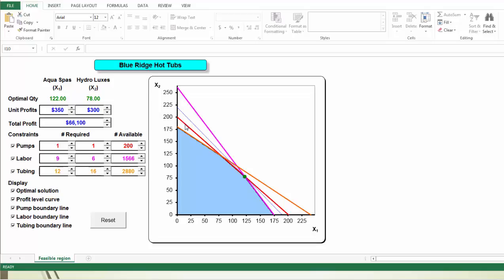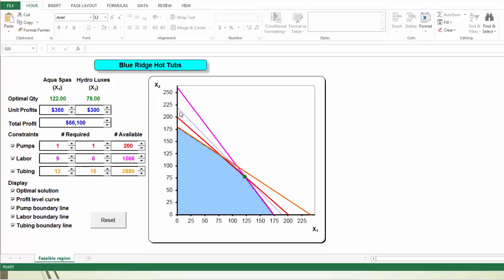This red line is the boundary line of pump constraint. And what about this purplish line? That is the boundary line of labor constraint. Lastly, this orange line is the boundary line of tubing constraint. And this shaded area in blue is our feasible region.